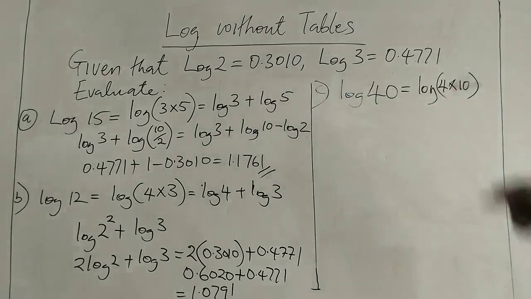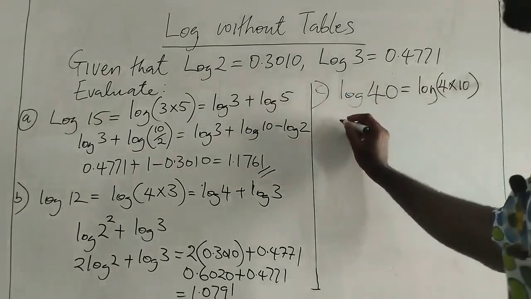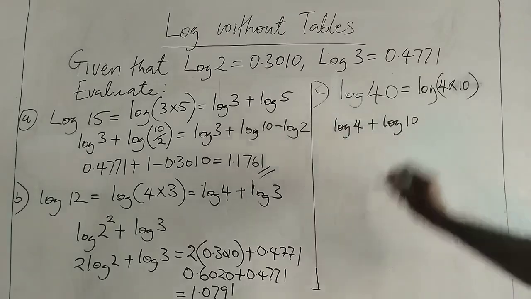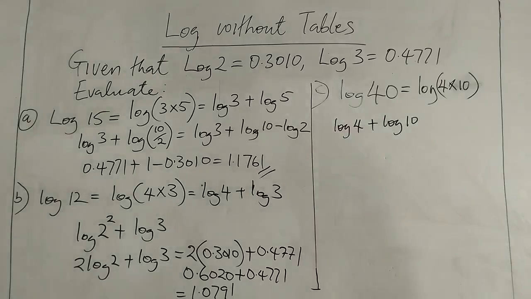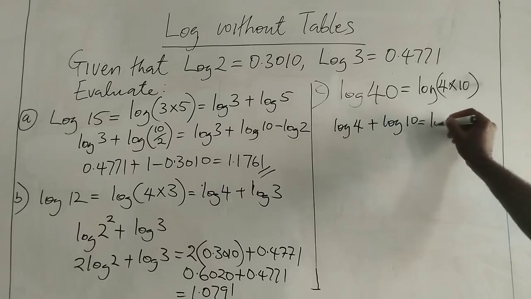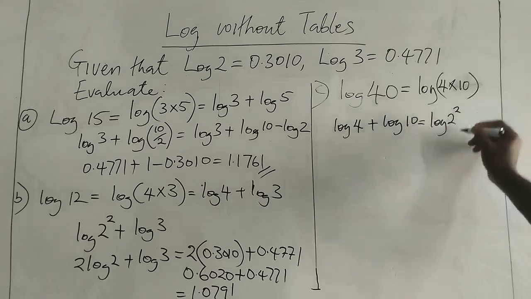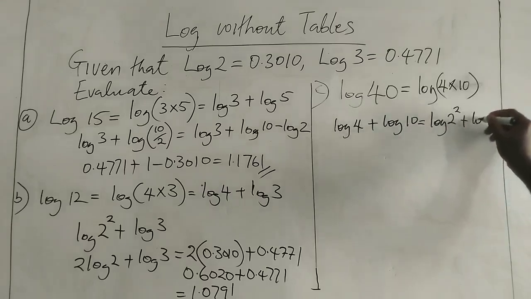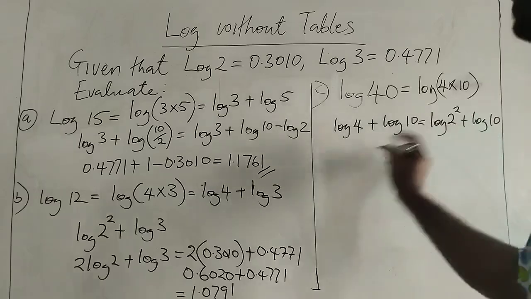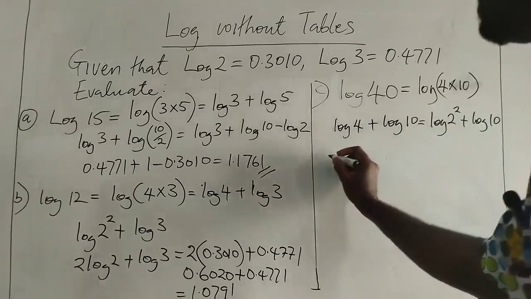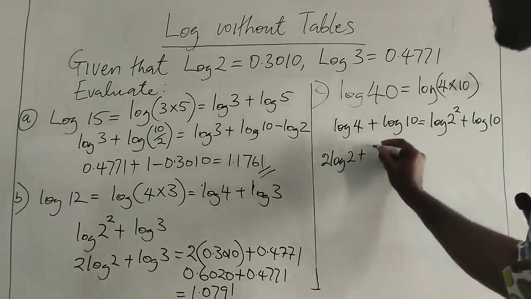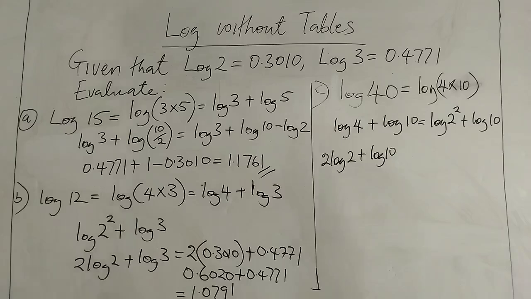Now, applying the laws of logarithm, we have log 4 plus log 10. Going further, this will give us log 2 raised to power 2 plus log 10. And applying the law of logarithm here, we have 2 log 2 plus log 10.